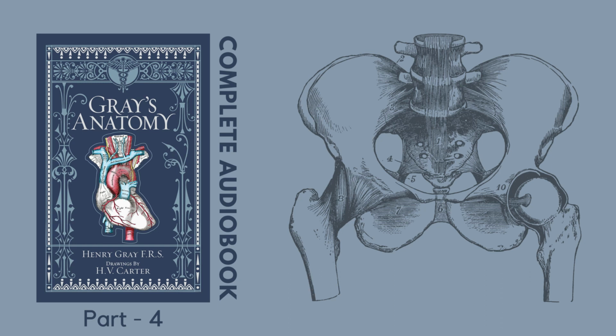Behind, they project considerably, and the interval between them forms a deep notch, the intercondyloid fossa. The lateral condyle is the more prominent and is the broader both in the antero-posterior and transverse diameters. The medial condyle is the longer, and when the femur is held with its body perpendicular, projects to a lower level.